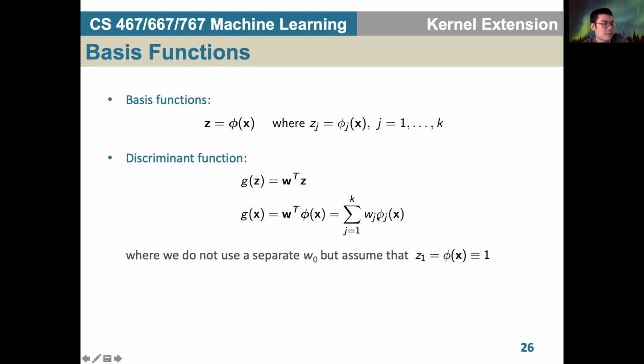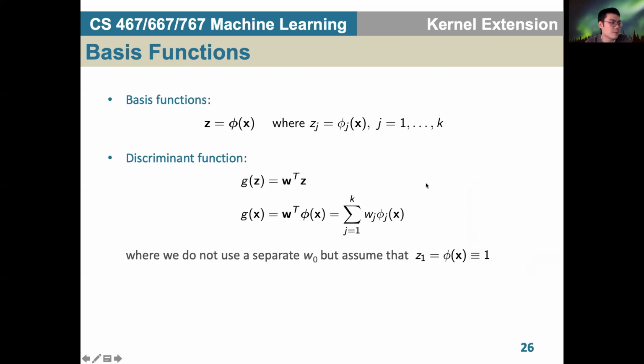We can write it out, for each J, for example, the J-th transformed feature is weighted by WJ. We do not use a separate W0 here, because we could add W0, or say plus B, but that is notationally not so adequate.